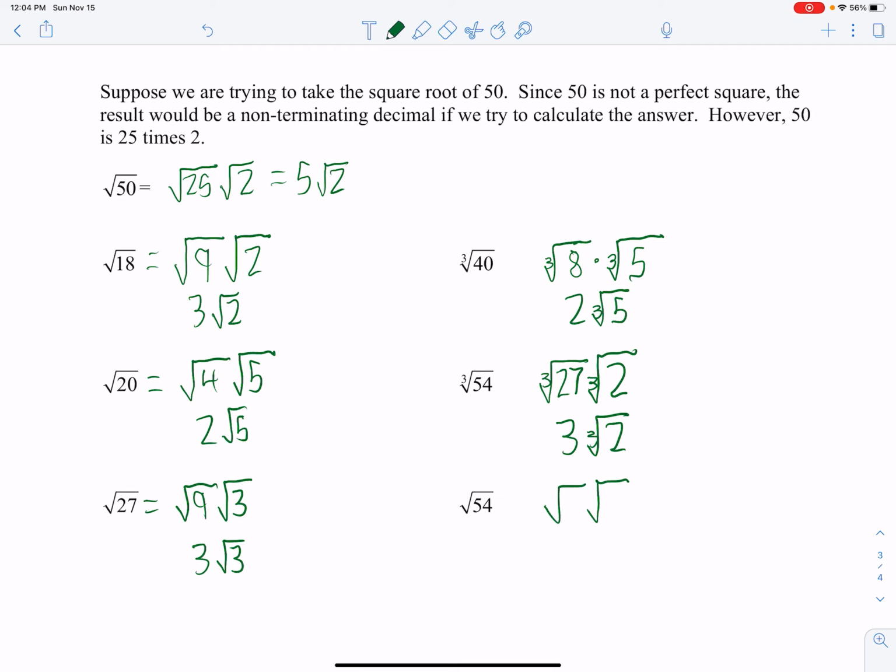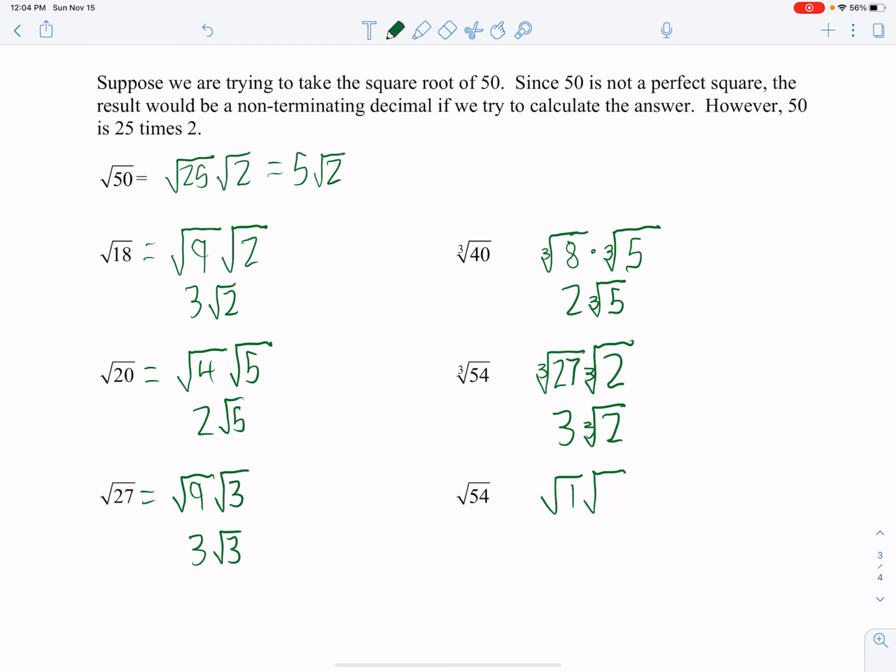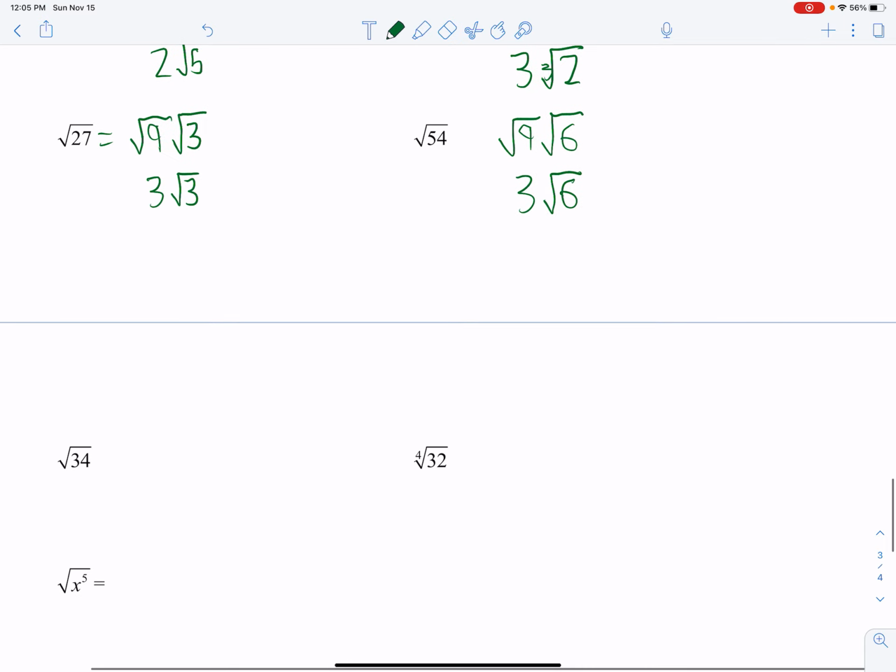And in this case, a number that we can take the square root of that goes into 54 evenly is 9. 54 is 9 times 6. So we split that one up into the square root of 9 times the square root of 6, and we end up with 3 square root of 6 for the answer. So pay careful attention to what type of root it is that you're trying to work with.